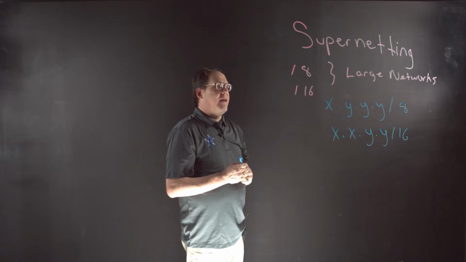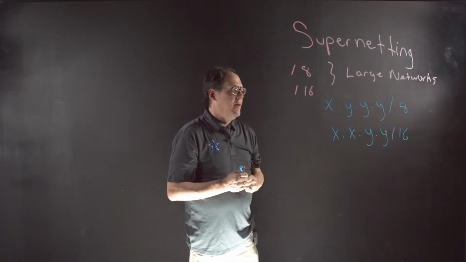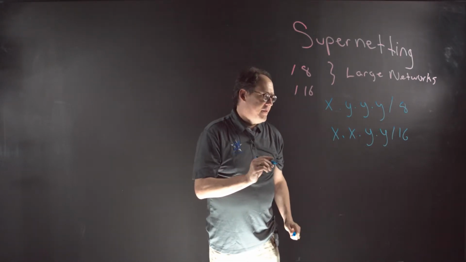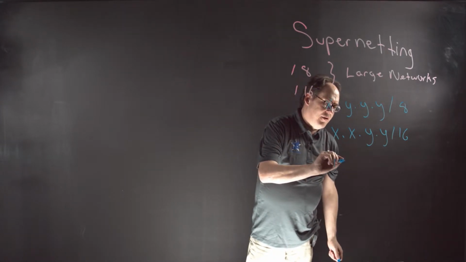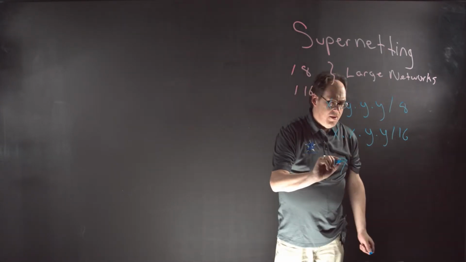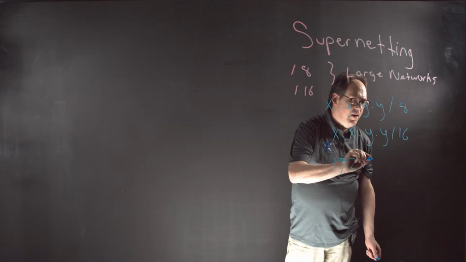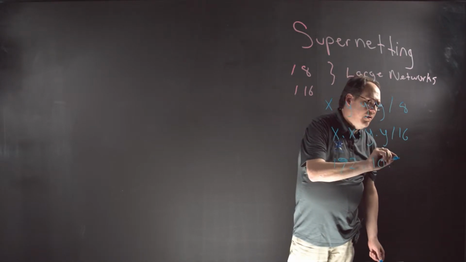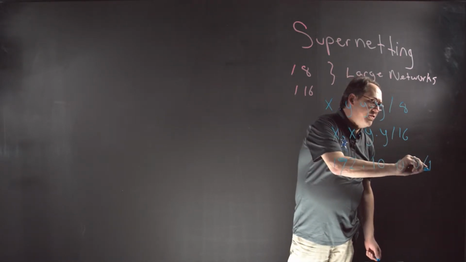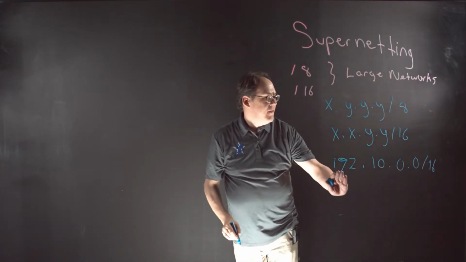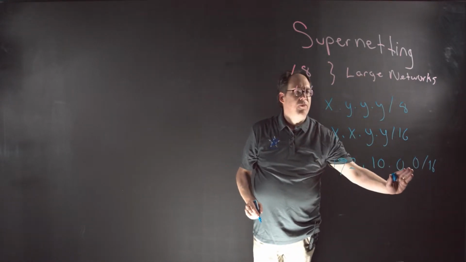Now, I could create a network for a LAN, and I could create a /16 network, and I could say, well, this is going to be network 172.10.0.0/16. So obviously, this is my network portion. These are my hosts.